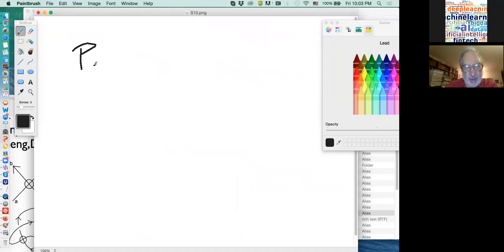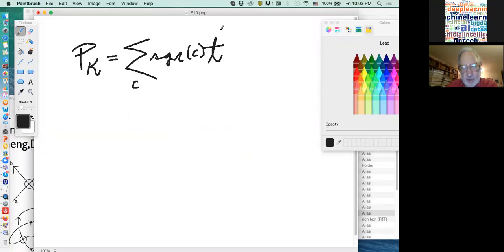So the P_K is equal to the sum over the crossings of the sign of the crossing times t to the weight of the crossing minus the writhe of the diagram.